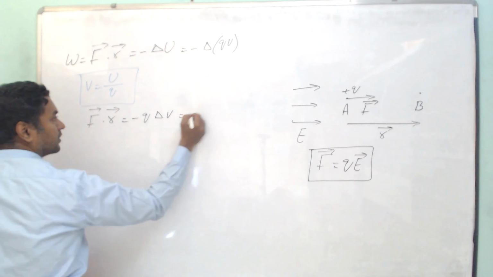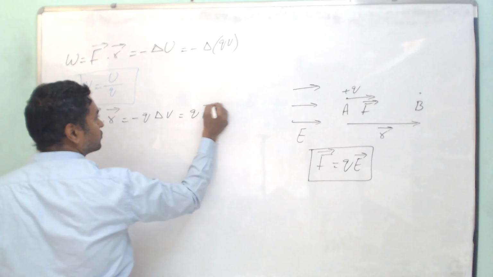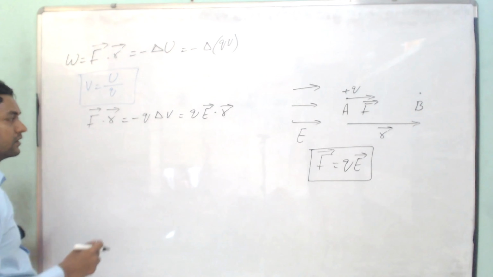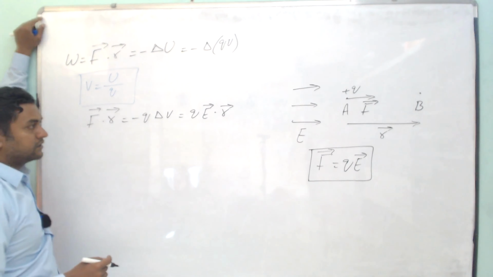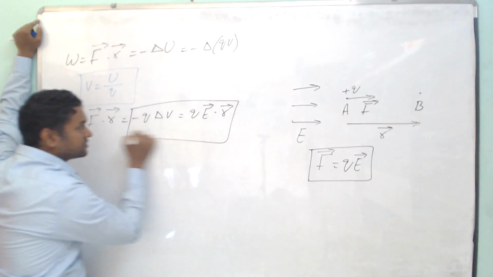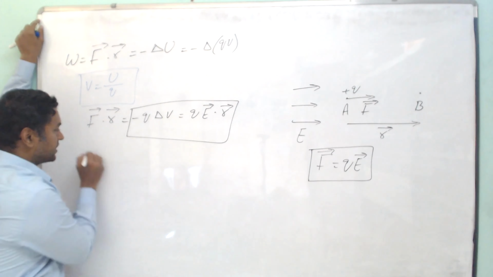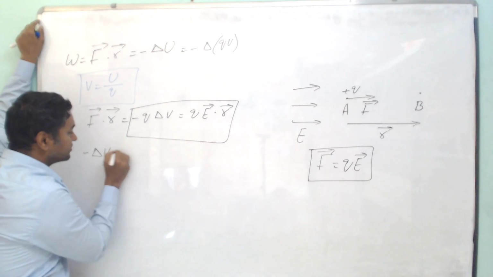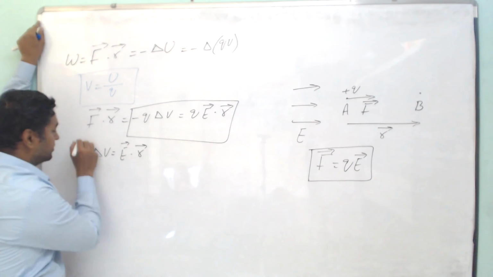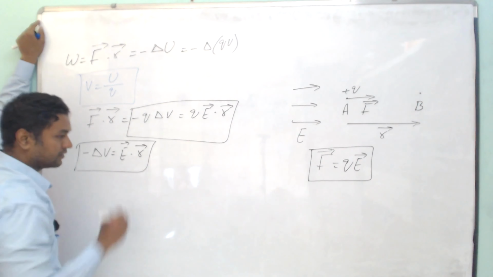The Q is gone. Good. So Q times E bar dot R bar, correct? Is it clear? So if we focus only on this, my Q will get cancelled. I can write minus delta V is equal to E bar dot R bar. Correct?